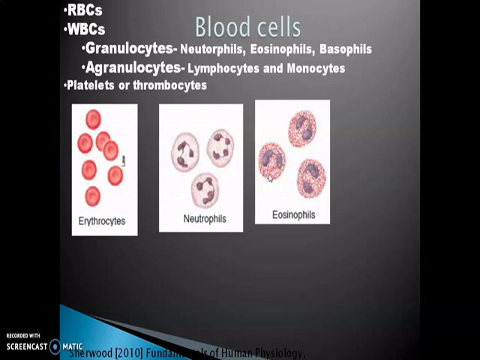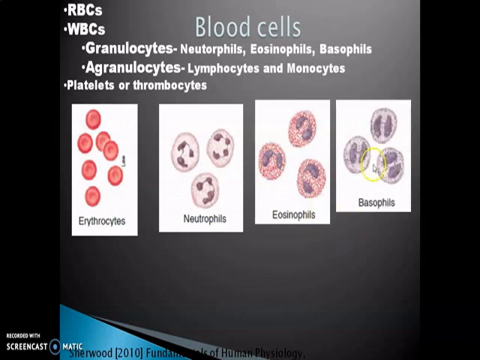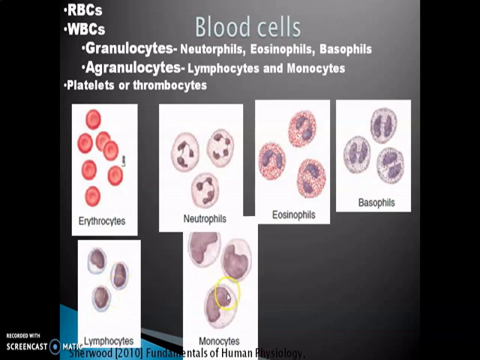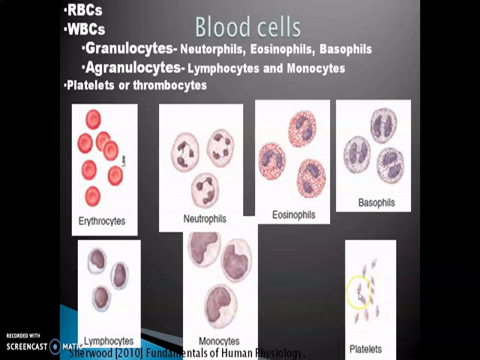Another one is this basic dye-stained cell, that is the basophil. They also have a bilobed nucleus, but the difference between the nucleus of the eosinophil and basophil is that the basophil has an H-shaped nucleus. Similarly, lymphocytes and monocytes do not have any granules, but a large nucleus is there, and monocytes are larger than lymphocytes, and these are the platelets.